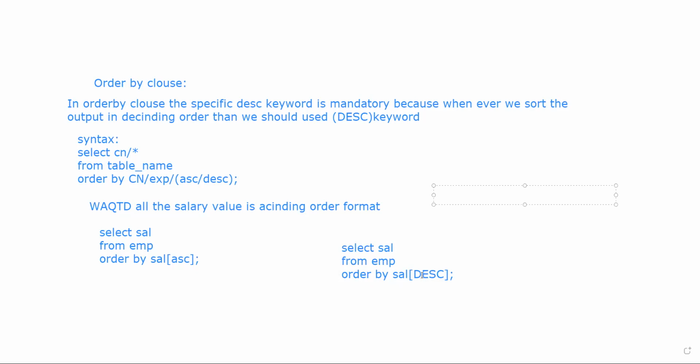Yes, descending order is mandatory. I have given the notes, so just try to understand the notes, guys. I'm giving you the example also, then only you will understand what exactly is the working of this SQL statement, right? Shall I remove, guys?